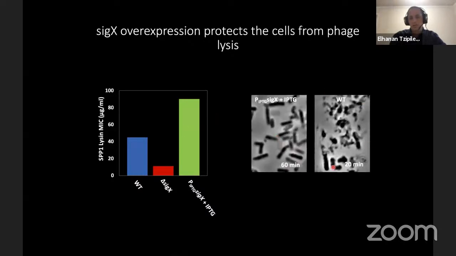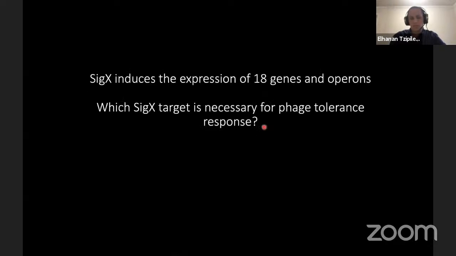And also here, you can see that 20 minutes after addition of the purified lysin, the whole wild-type culture was lysed. However, even after 1 hour of addition of purified lysin to cells overexpressing sigma X, many cells remain intact. So sigma X can also protect the cells from phage lysis.